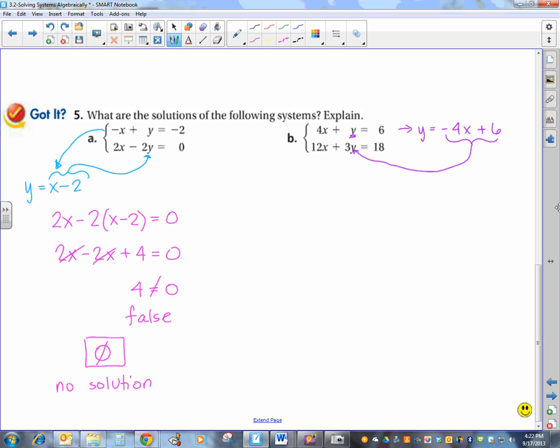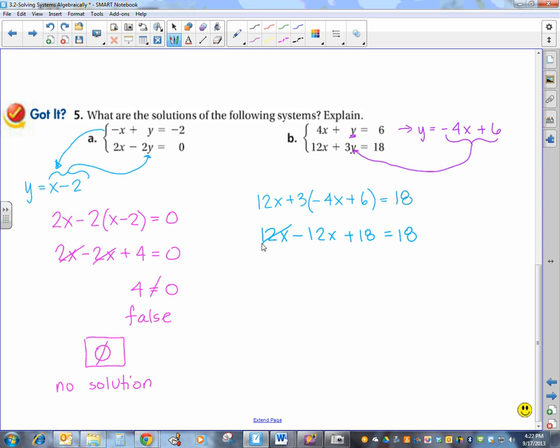And that's going to give me 12x plus 3 times negative 4x plus 6 equals 18. 12x minus 12x plus 18 equals 18.